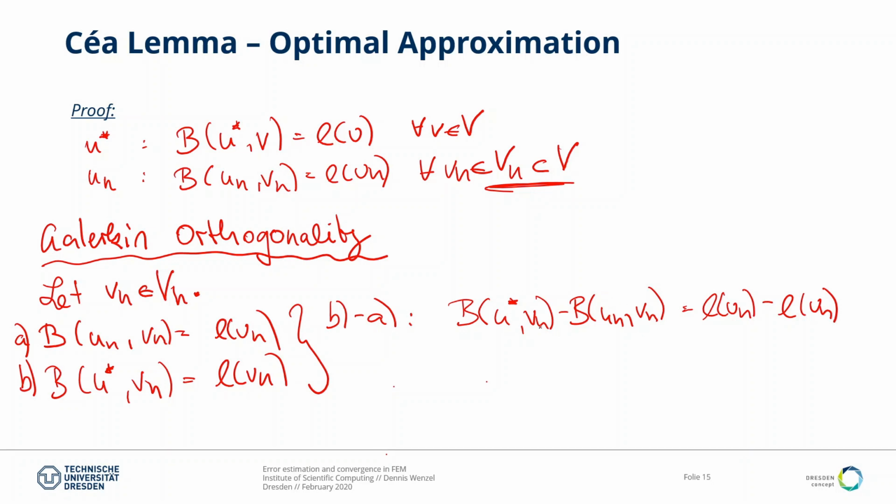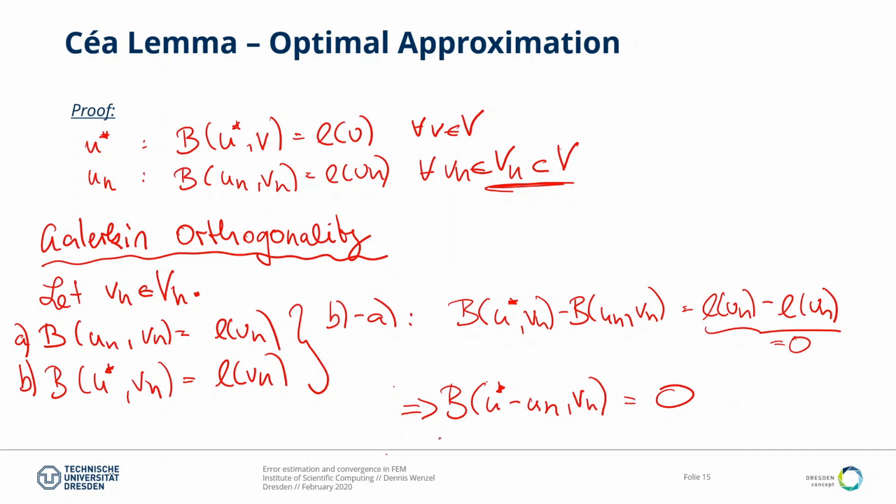And then this here on the right-hand side is obviously just 0. And on the left-hand side, I can use the fact that B is a bilinear form, which means that it is linear in both arguments. And because the second argument is the same for both of them, I can simply just take the minus into the first argument. So B of u star minus UH tested with VH is just 0.